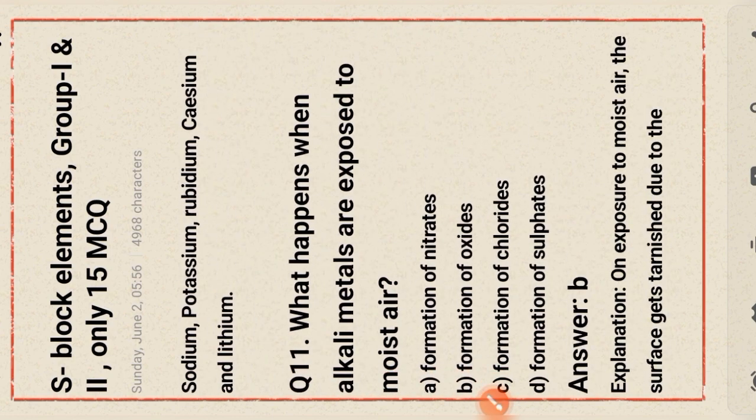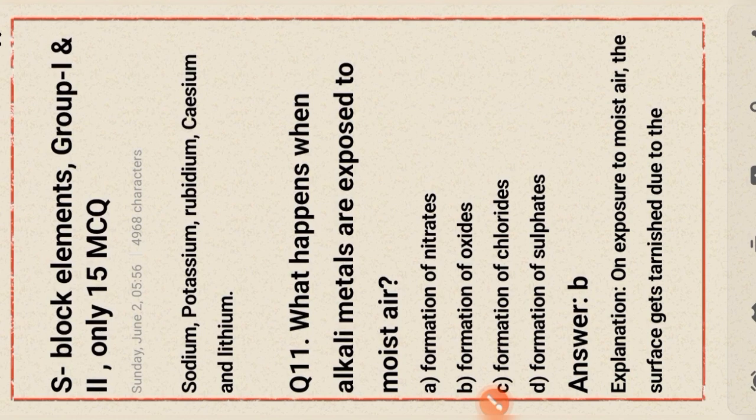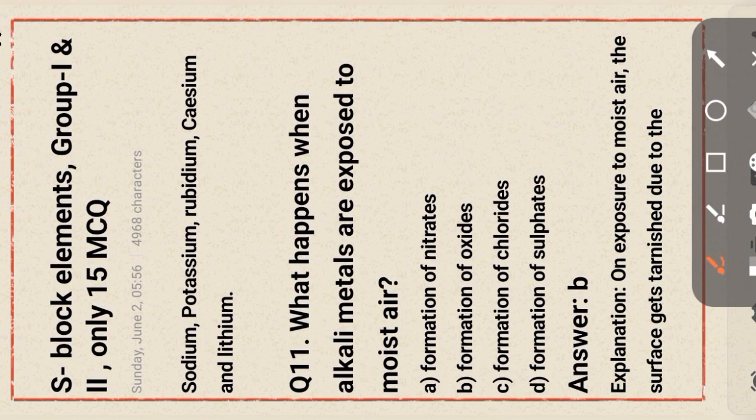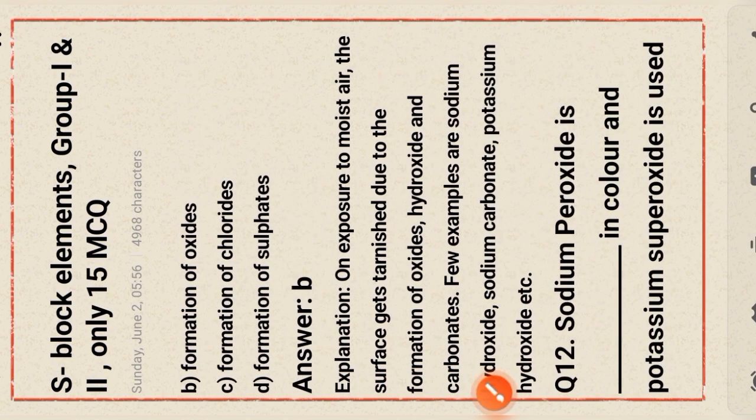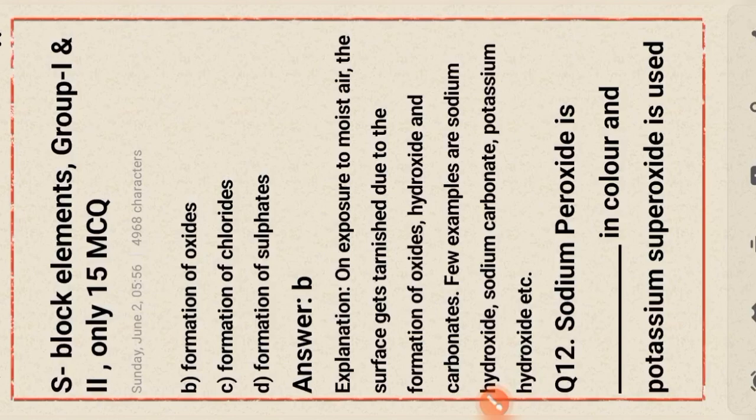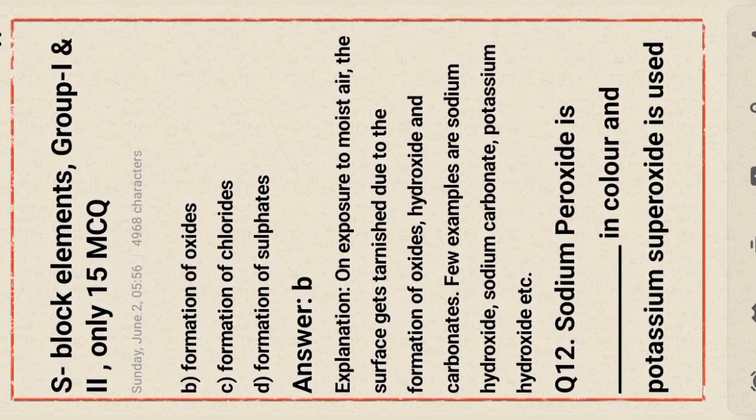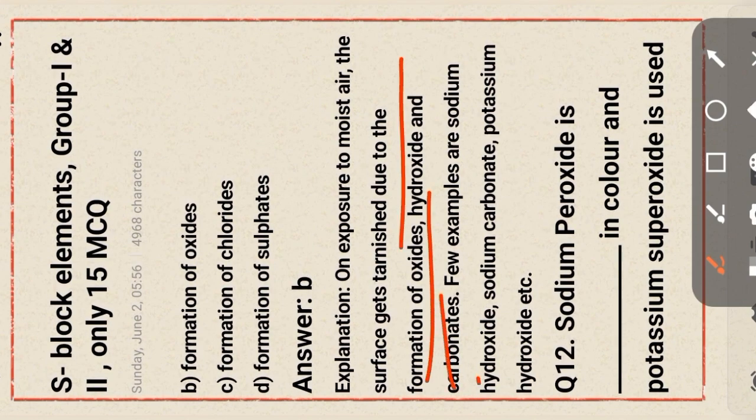Okay. Next question, question number 11. What happens when alkali metals are exposed to moist air? That is option B, formation of oxide. On exposure to moist air, the surface gets tarnished due to the formation of oxide, hydroxide and carbonate.